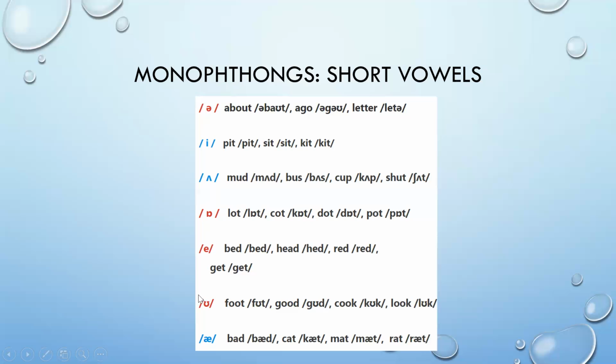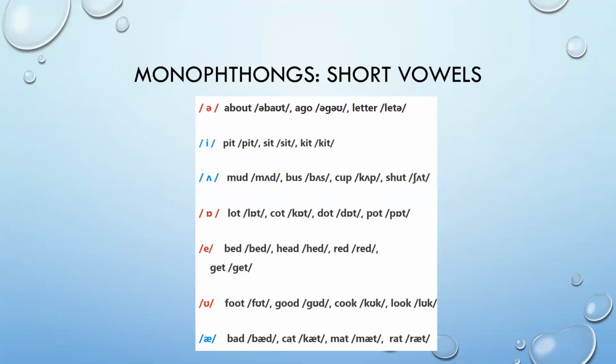The next one is the short u sound as in foot, as in good, as in cook, as in look. It's really easy for you to remember. The last short vowel is kind of a mixture of the reverse of the schwa and a normal e.